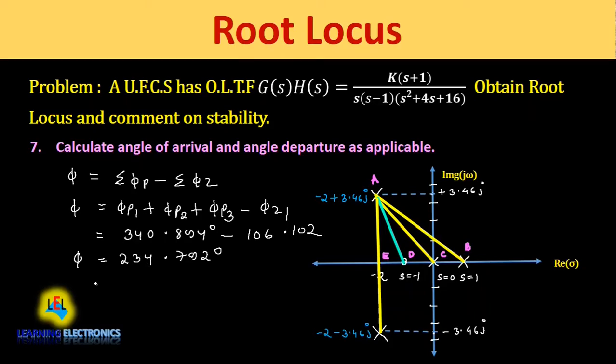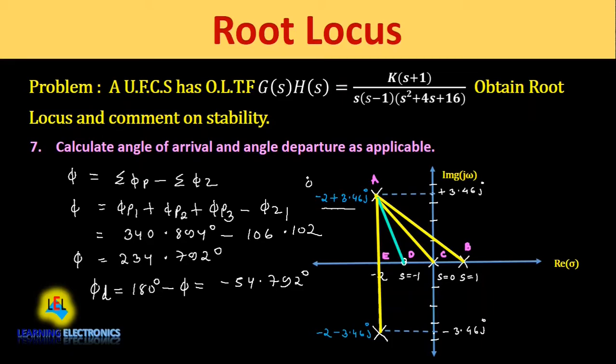Okay, now the angle of departure formula is 180 degree minus phi. So when we put this value of phi here, I am directly writing phi D. Phi D is equal to minus 54.792 degree. So this angle of departure we are getting at this pole.